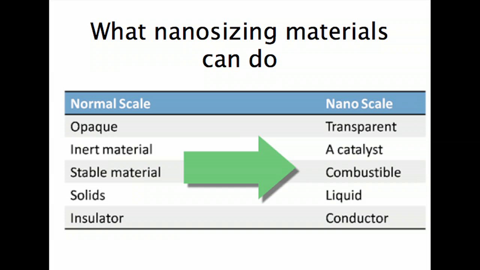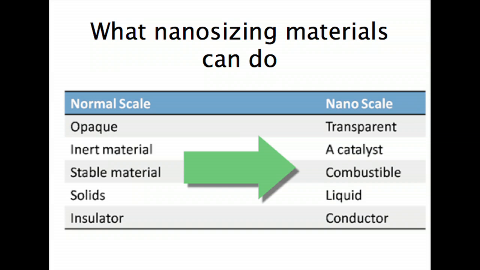And then you can take something that would normally be a solid, and on the nanoscale, these nanoparticles would behave like liquids. You can take insulators, and on the nanoscale, they would become conductors, or you can take conductors and on the nanoscale they become insulators. So by changing the size of the nanoparticle, you can give the particle all sorts of different properties that you would never expect on the large scale.